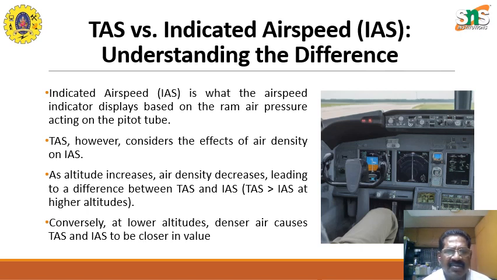As altitude increases, air density decreases, leading to a difference between the TAS and the IAS. TAS is always greater than the IAS at higher altitudes. Conversely, at lower altitudes, the denser air causes the true airspeed and the indicated airspeed to be closer in value.